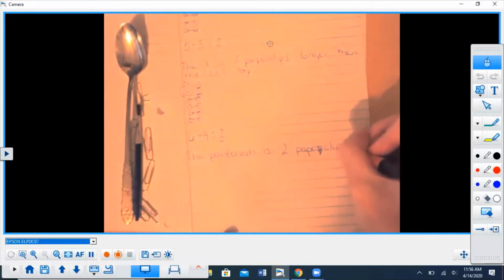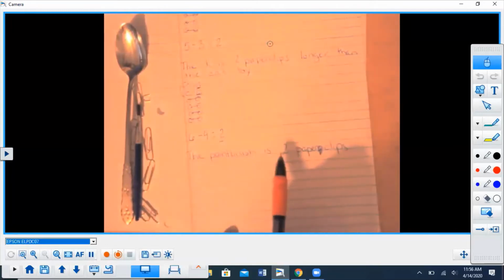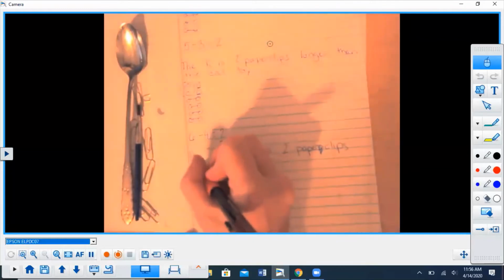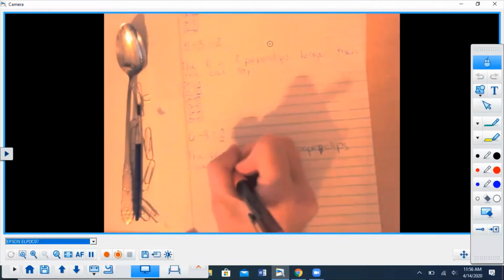The paintbrush is 2, excuse me, is 2 paper clips shorter. Oops. See, even teachers make mistakes. The paintbrush is 2 paper clips shorter than what? The paintbrush is 2 paper clips shorter than the spoon. You're right.